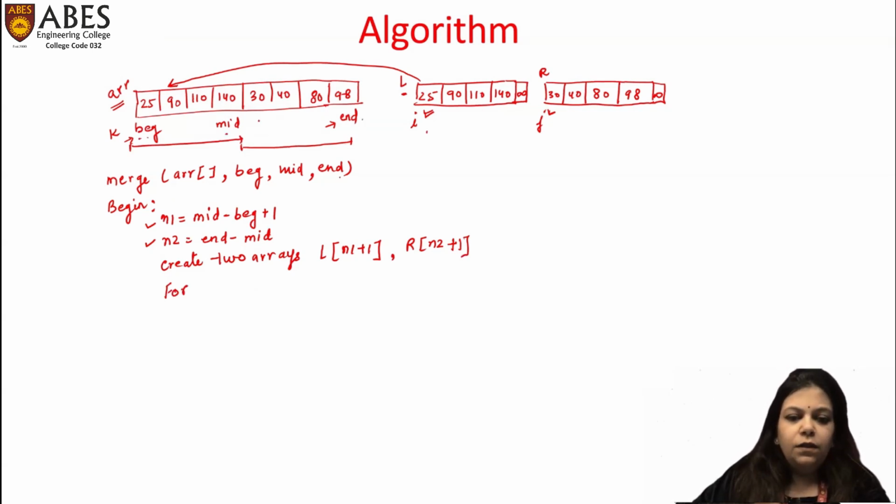First of all, we will store the values from beginning to mid inside L and from mid plus 1 to N inside R.